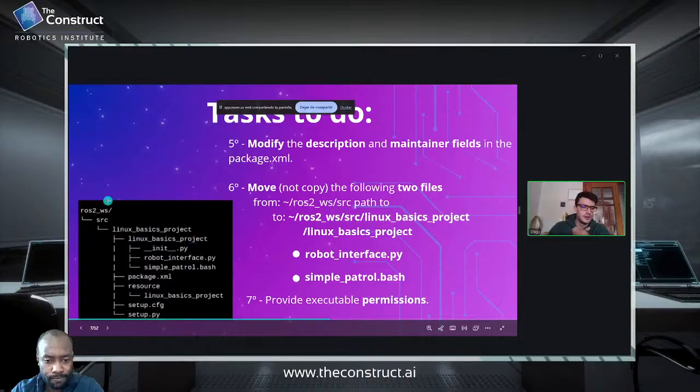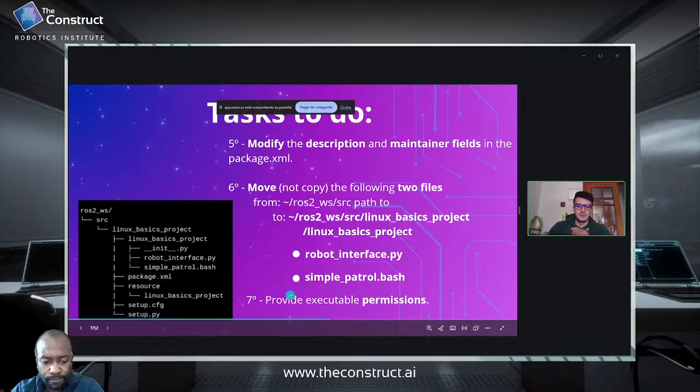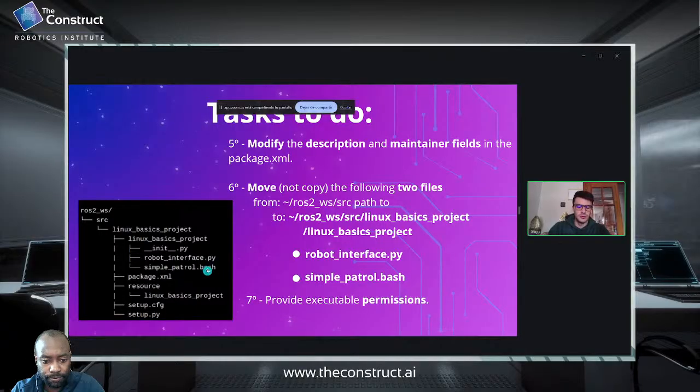We have here the workspace, the src directory, and then the package with these files inside of it. And then it also has us provide executable permissions with chmod. Then we put +x, and then we tell the files that we want to give the permissions to, that are going to be robot_interface and simple_patrol.